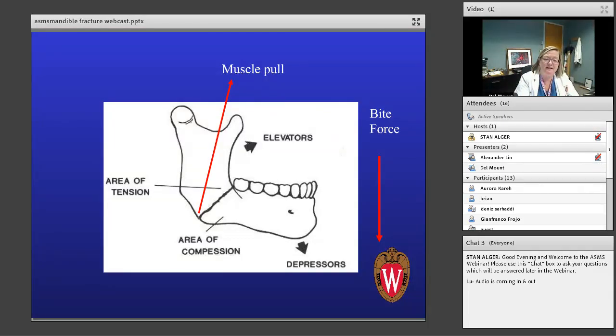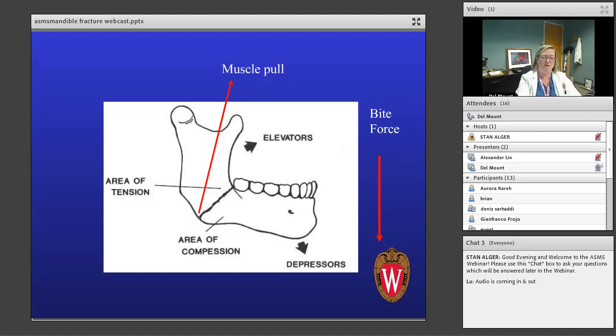So if you can imagine that, in a mandibular angle fracture, as you bite down, it's going to tend to tense or open up in this area right along here, and it'll tend to compress the caudal segment or the distal segment here. So that's what they mean by zones of tension, which is going to be this area that tends to open up with bite force, and a zone of compression, which tends to close down with bite force.